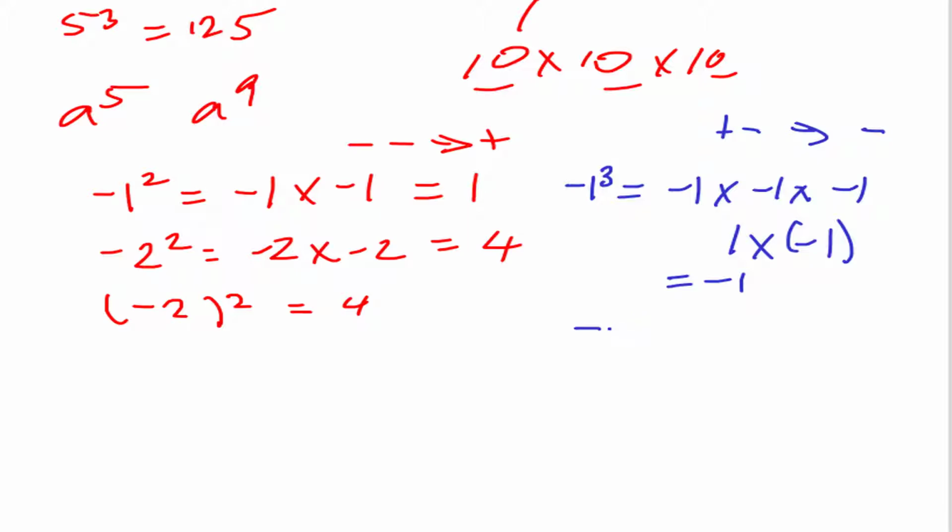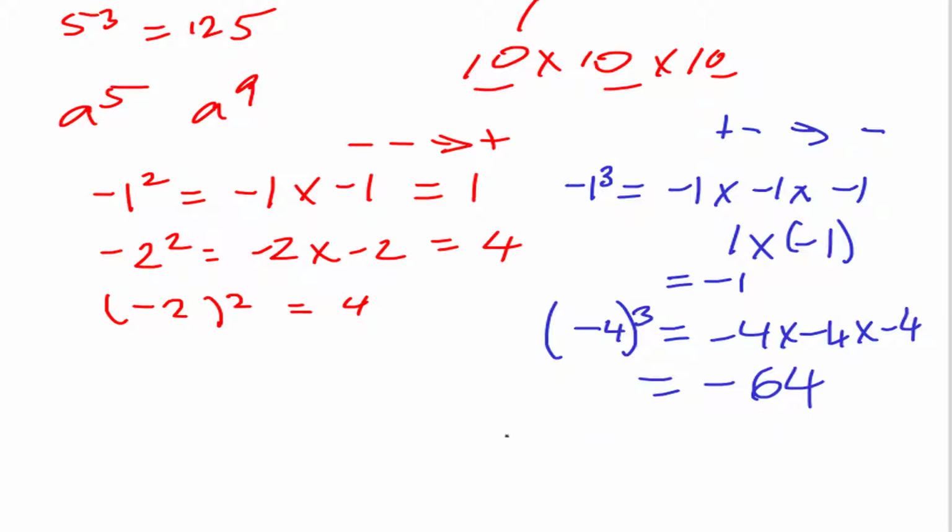Let's jump ahead. Say minus 4 cubed. That equals 4 times 4 times 4, with the signs: minus 4 times minus 4. That should give you minus 64. And so forth.